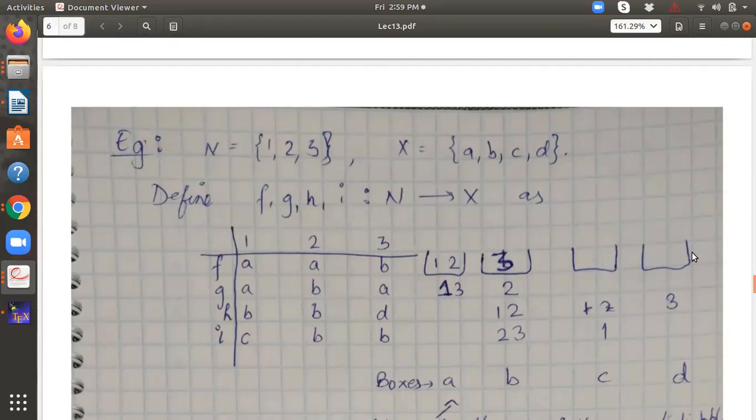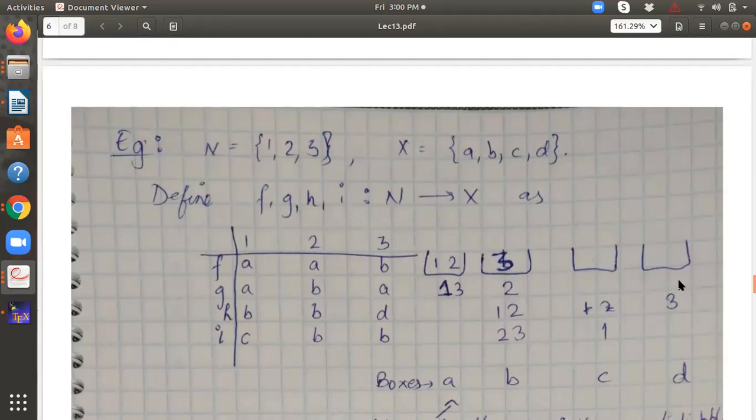C and D remain empty. Doesn't matter to me. Now, if I come to the function G, it sends the ball 1 to A. So I've put 1 in my box A. Then 2 goes to the box B. So I've put 2 in the B. And then 3 in the box A. So 3 again I have put in A. Again my C and D are empty. Doesn't matter. So this is my function F. Pictorially, this is my function G.